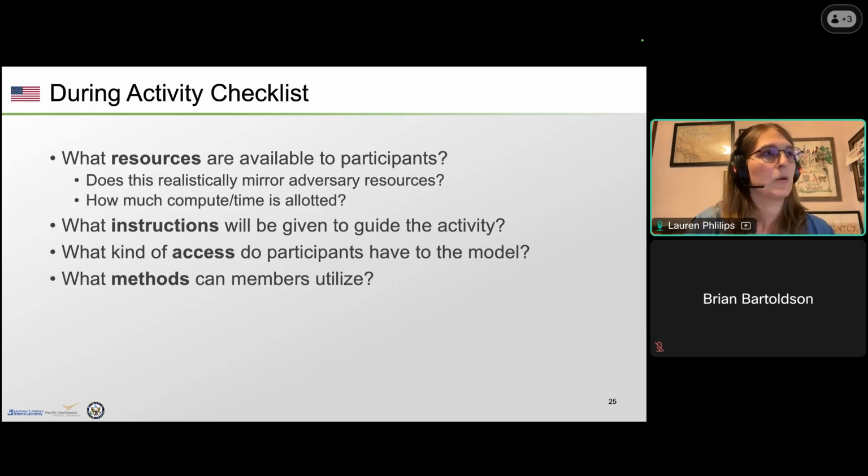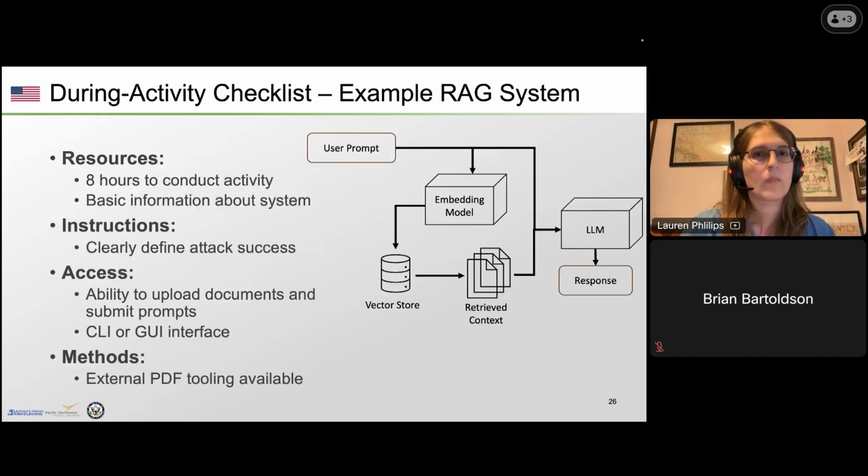Are they going to have it running locally, or do they have to access it through an API? And then, again, putting bounds on the activity. What methods are allowed or not allowed? This can be left up to anything, or it can be targeted around a specific kind of method that you're worried about. So again, with our RAG system here, maybe we want to do a one-day event.